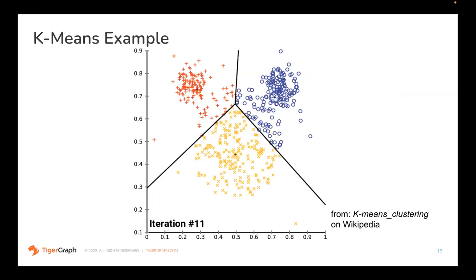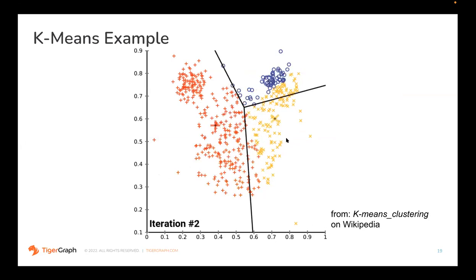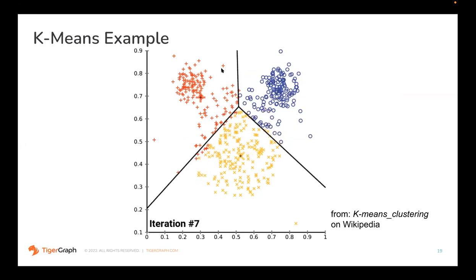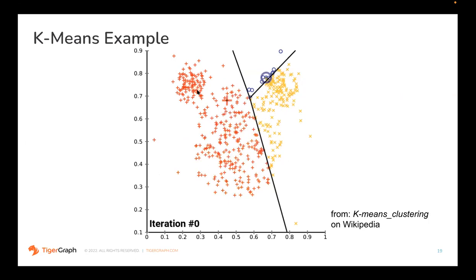You have to tell it how many communities you want. So if you want 3, you pick 3 random centroids. A centroid is, if the red is one community, take the average of their X and Y coordinates, and where would that average location be? That's the centroid.